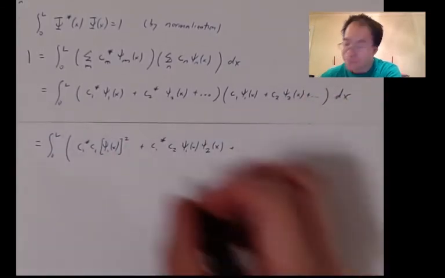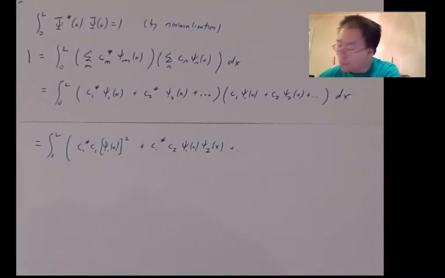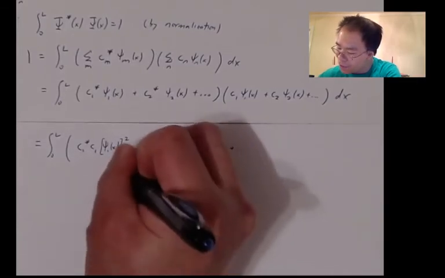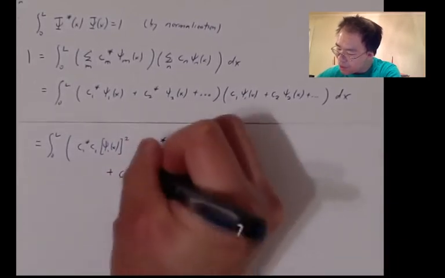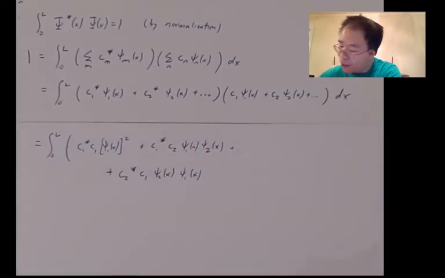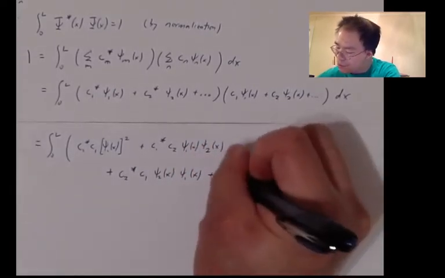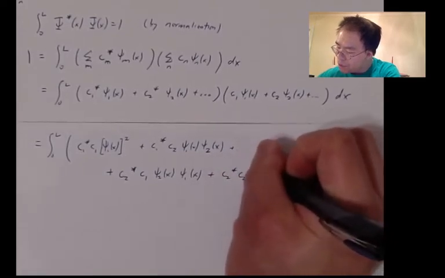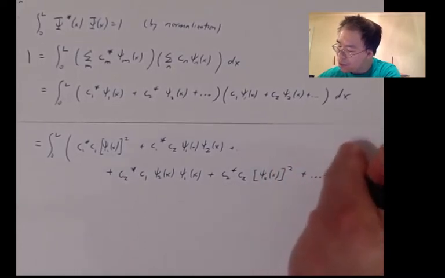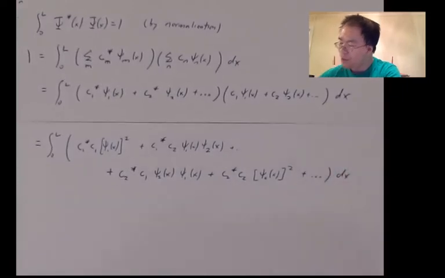So let's continue. Taking this term and multiplying it by that, I have C2 star C1 psi 2 psi 1, and then finally I have C2 star C2 psi 2 squared plus dot dot dot, and this is all integrated dx. Now here's where orthogonality comes to the rescue.